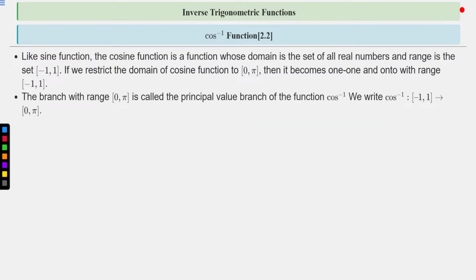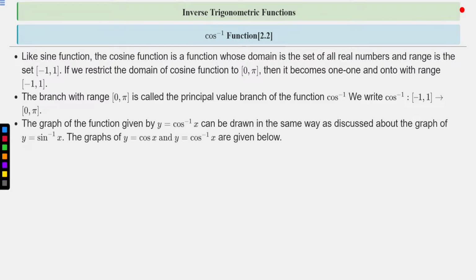Hence the branch with range 0 to pi is called the principal value branch of the function cos inverse. We will write cos inverse as from domain minus 1 to 1 and range 0 to pi. Clear? Since cos and cos inverse are inverse of each other, the domain of cos will become the range of cos inverse and the range of cos will become the domain of cos inverse.